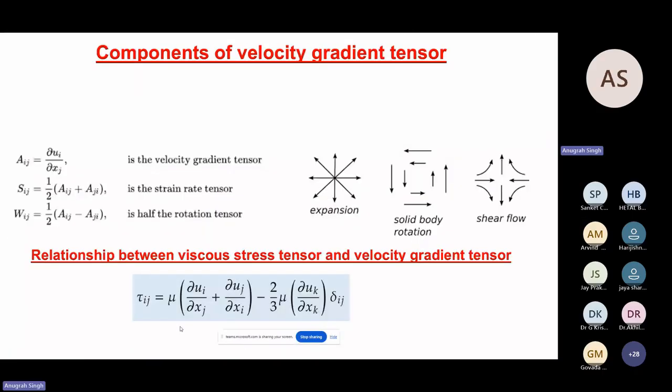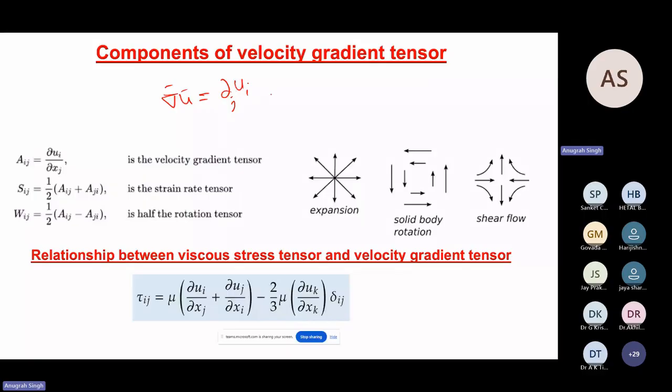Now coming to the velocity gradient tensor, right? Let's say you have velocity gradient grad u. In index notation it is written as del j u i. This is very useful, Einstein notation. Basically, i and j are the two indices for the direction: j is for the gradient direction, and u is for the velocity vector.